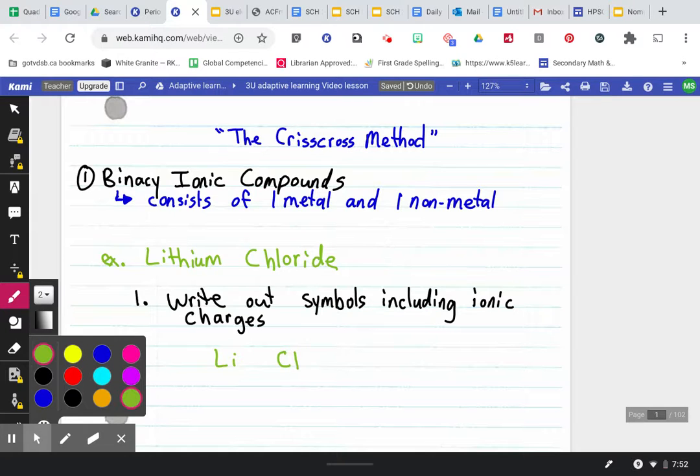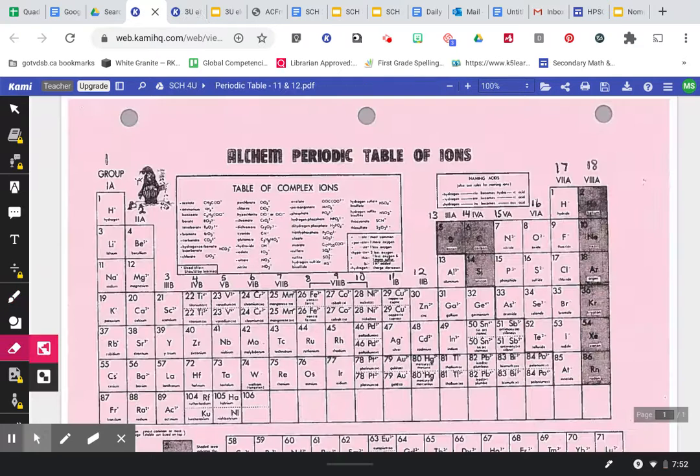Now, if you are unsure of the ionic charge for these elements, you need to take a look at the periodic table. You can determine ionic charge from Bohr-Rutherford diagrams, but you also can get it from this side of your periodic table that I will give you a printed copy of in class, but I've provided it electronically.